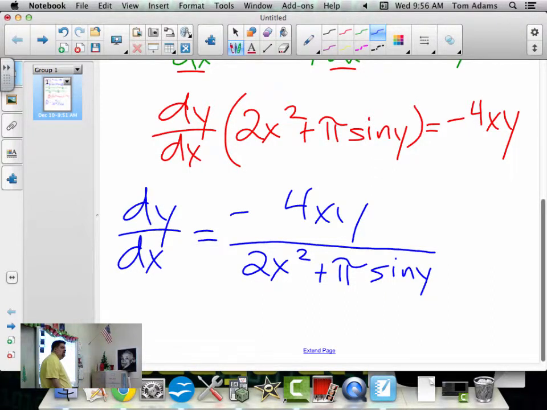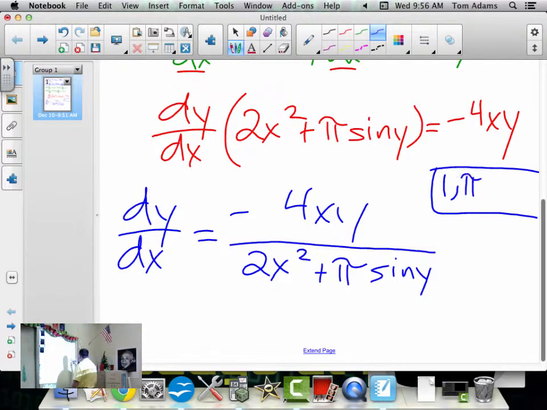Now what was that point that I wrote about a half hour ago? 1 comma pi, right? Remember, 1 comma pi is the x comma y. So this represents the slope, and this is the function we're going to use. I just need to plug in 1 and pi for x and y, and that'll give me the slope.